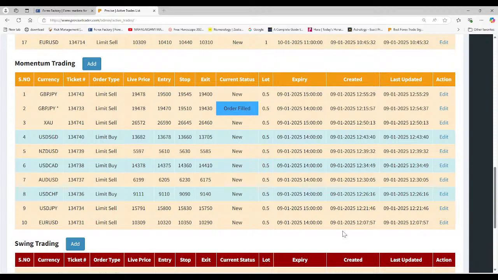Next is the system. Our system is designed in such a way that we have different types of entries. The reason we do this is that once we decide on the entry, the profit target and the stop loss level are all running back in the mind. If you put it as day trading, then we expect more profit. If you put it as scalping, the profit is going to be very limited. Momentum trading is ad hoc trading.